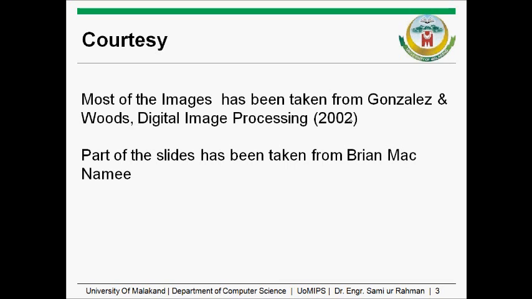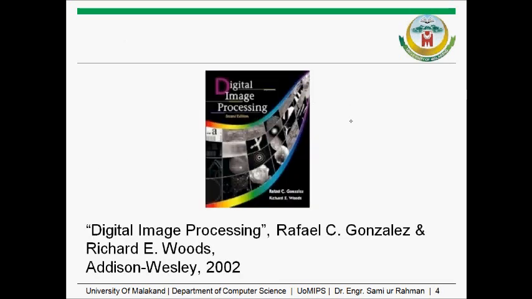Okay. So the most important book in image processing is this Digital Image Processing. It is like a reference book in the whole world in the field of image processing. This is the basic book in image processing. So I think those who are interested in image processing, this should be with them.